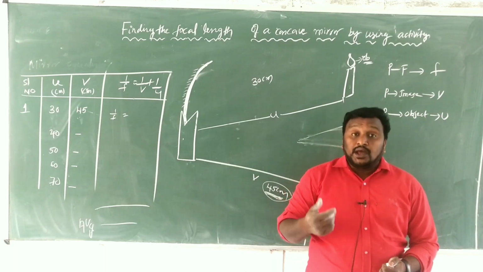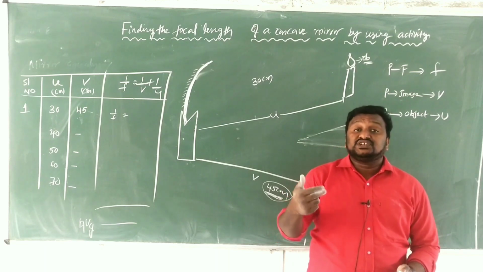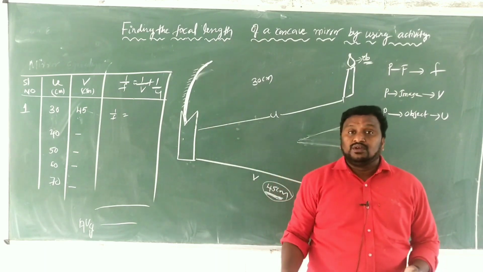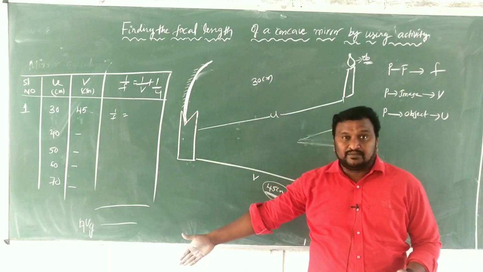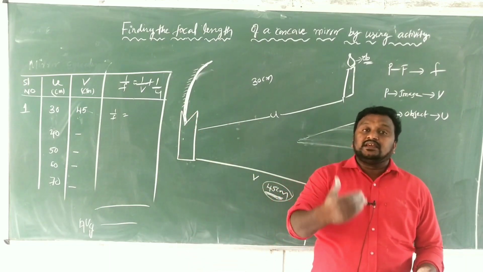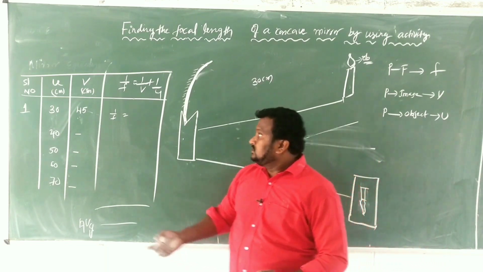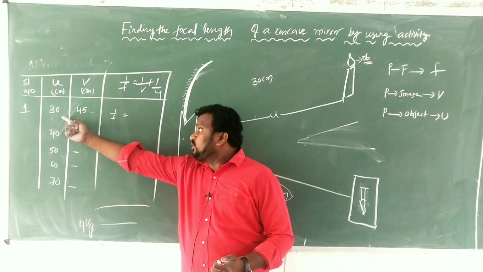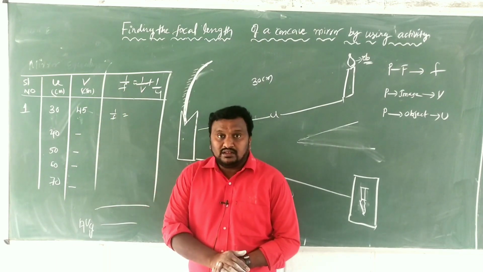Clear. Now we have to repeat the same procedure by changing the values of U. Changing the U values, we have to find out the V values. So after getting all the V values, we have to go for calculations. You have to substitute the U value and V value in the mirror equation. You may get one focal length value.